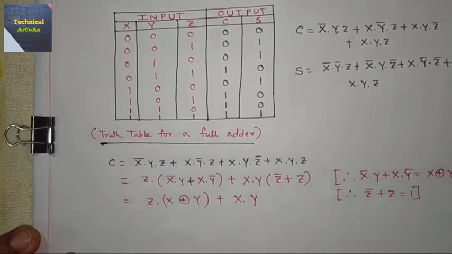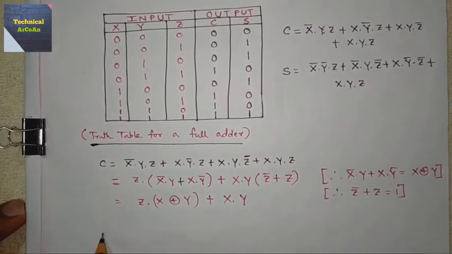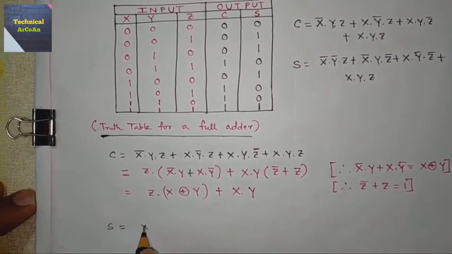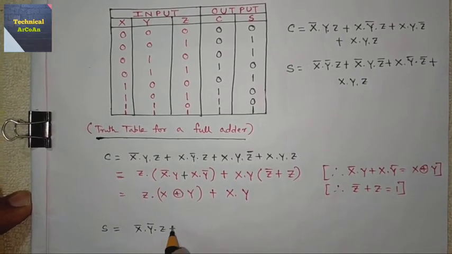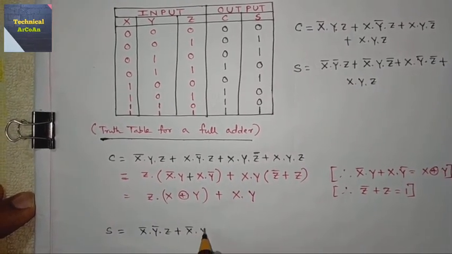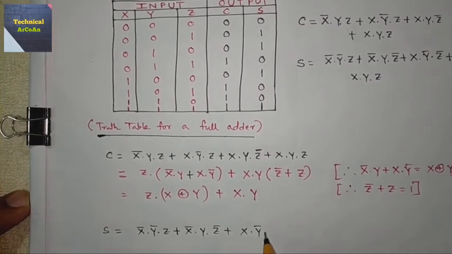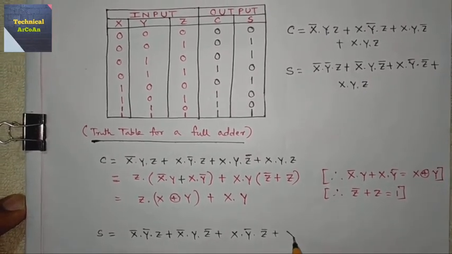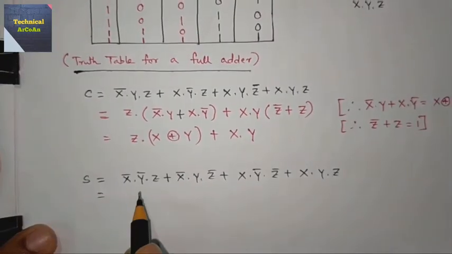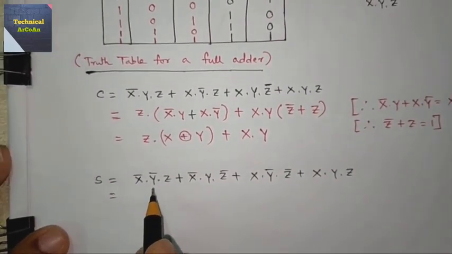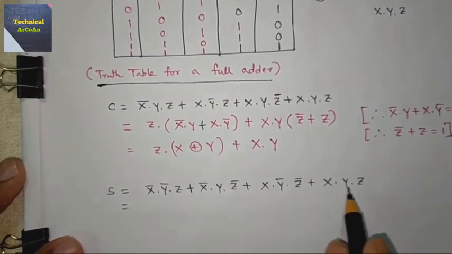Now the simplification for the next Boolean expression. So S equals x complement dot y complement dot z, x complement dot y dot z complement plus x dot y complement dot z complement and x dot y dot z. Now from this product term and this product term we get common z.